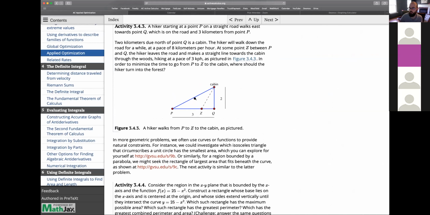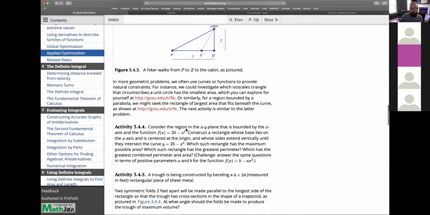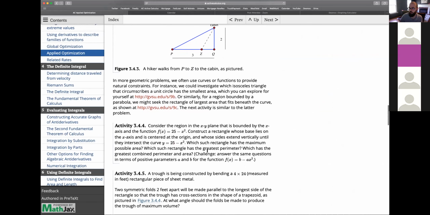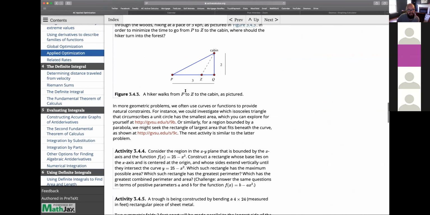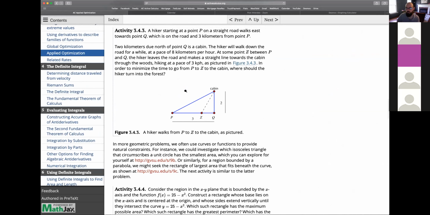We'll think about some stuff that has some geometry in it. We'll do a 2-parameter optimization problem, and we'll do some stuff with trigonometry in it as well. This is our plan for Friday: work through 3 more optimization problems.